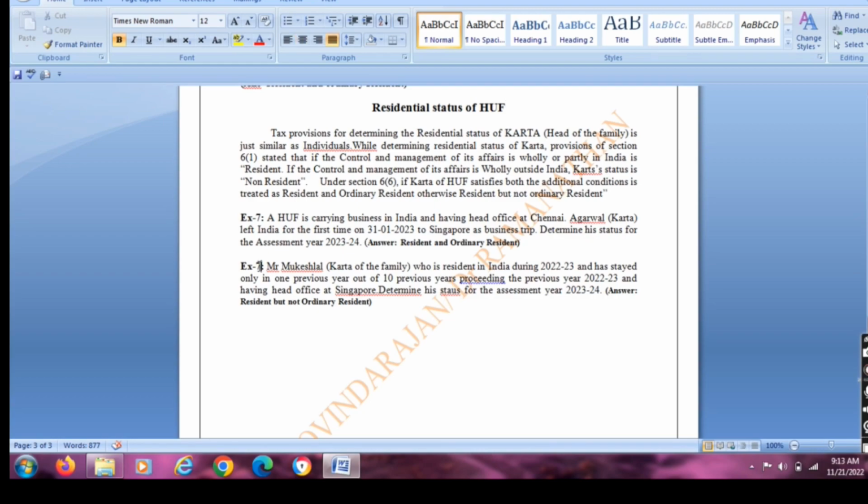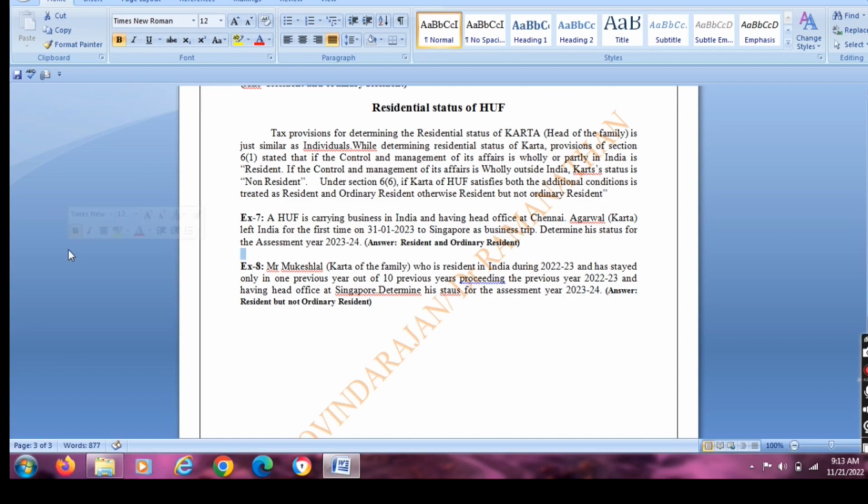In exercise 8, Mr. Mukesh Lal, Karta of the family, who is resident in India during 21-22 and has stayed in only 1 previous year out of 10 previous years preceding the previous year 21-22 and having head office at Singapore.